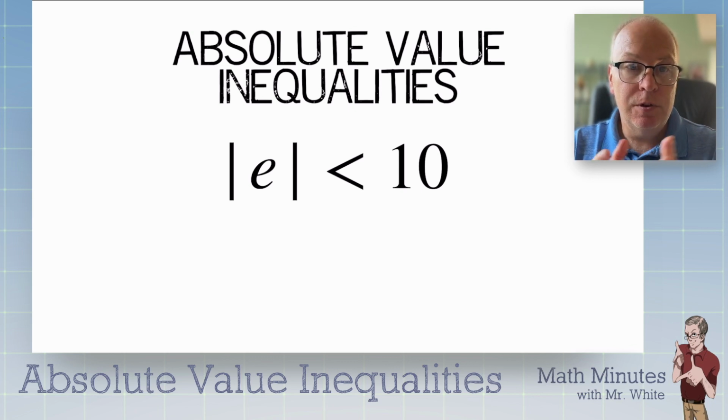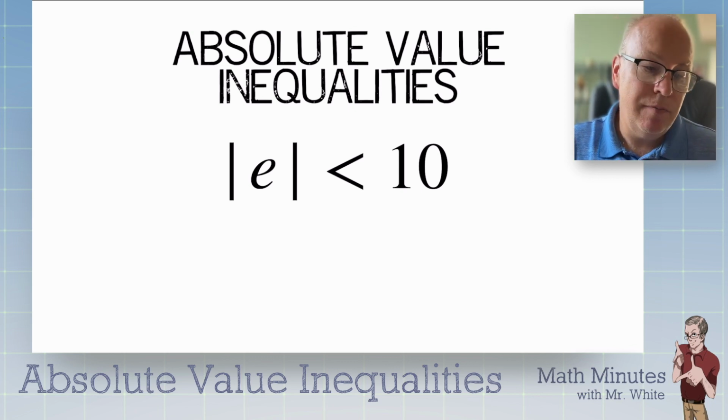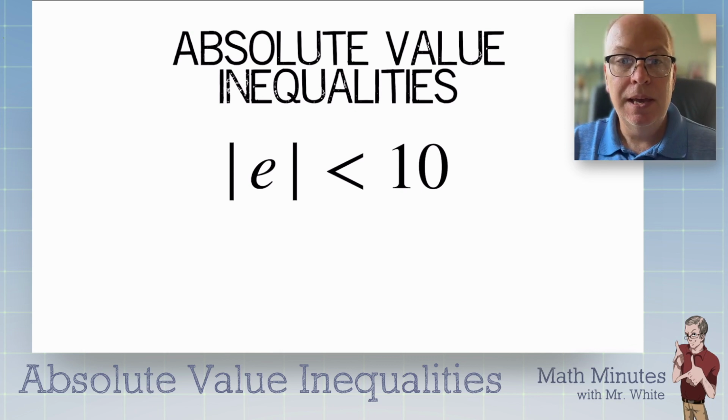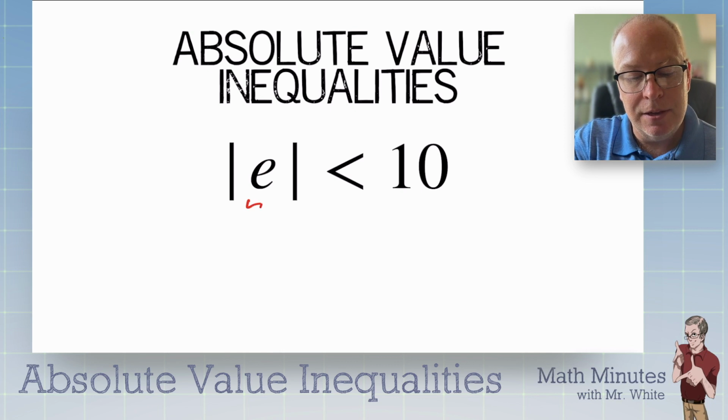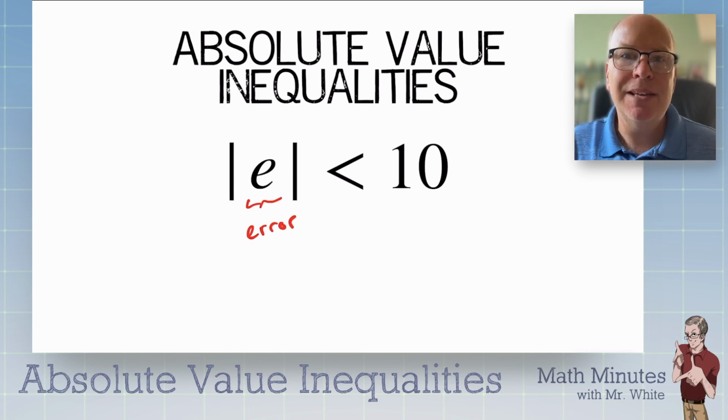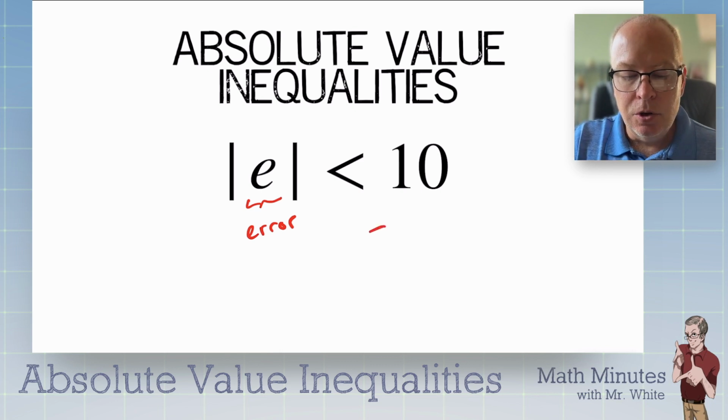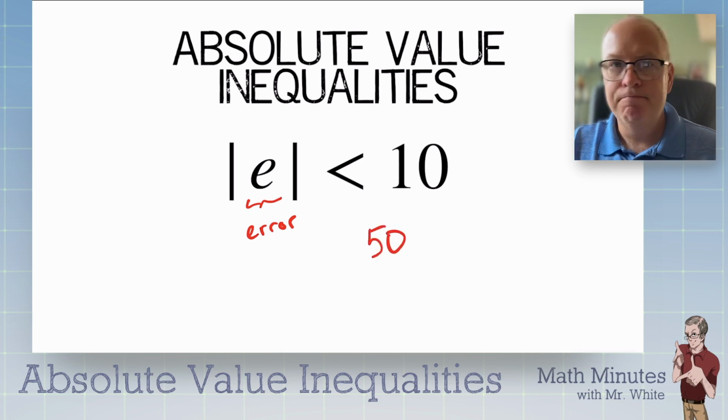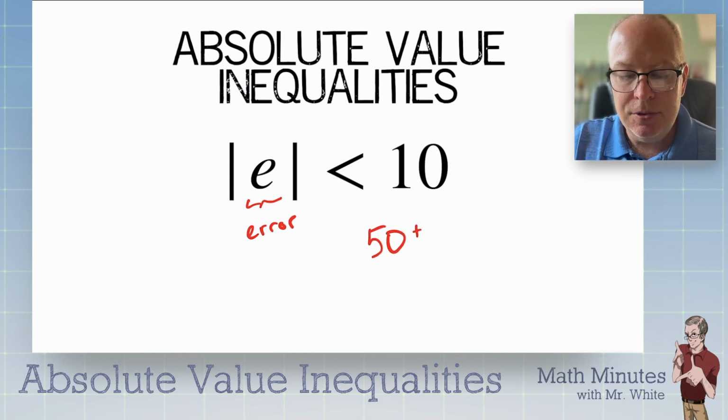Now, on this first slide here, you see it says the absolute value of E is less than 10. The reason I'm using E there is I want you to think about that as being almost like error. Imagine you have to make something, maybe cut a piece of wood, and your boss says, I need you to cut it so that it's 50 inches, but it can be plus or minus 10 inches.